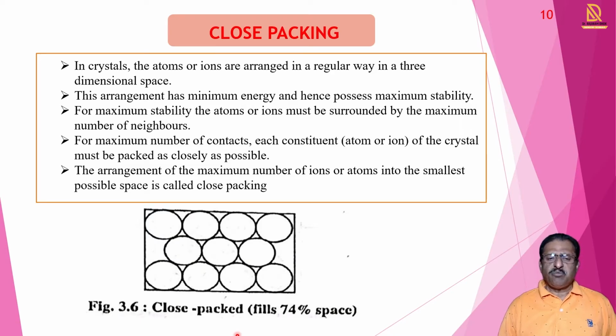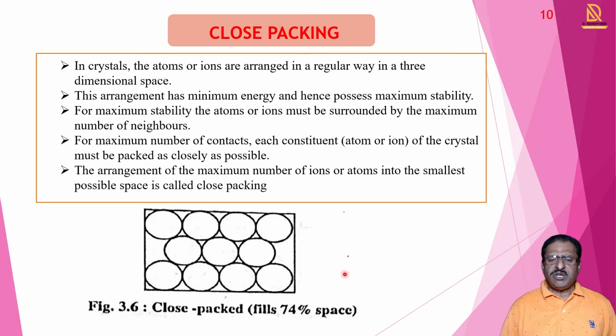For the maximum number of contacts, each constituent atom or ion of that crystal must be packed as closely as possible. So when maximum close packing is possible, such a structure is the ideal or packed structure.